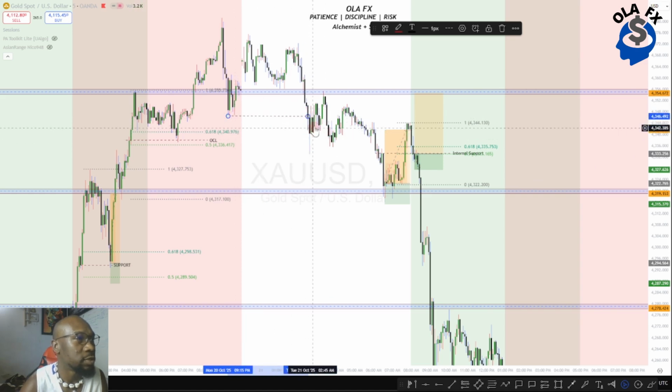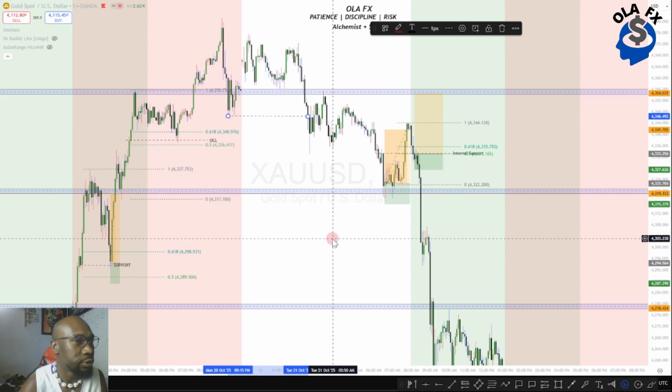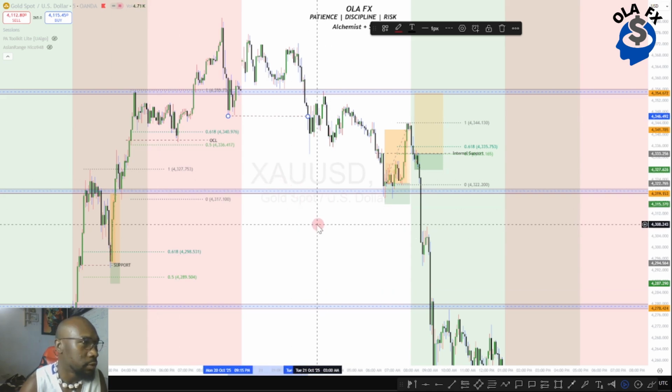So what I was expecting was a pullback, tap into this place, and I start selling. That was what was supposed to happen that very day. But irrespective, I didn't take the sales because sometimes gold can be very manipulative and I don't want to be around that manipulation. But that very day it happened.